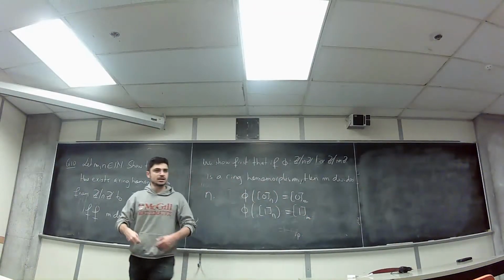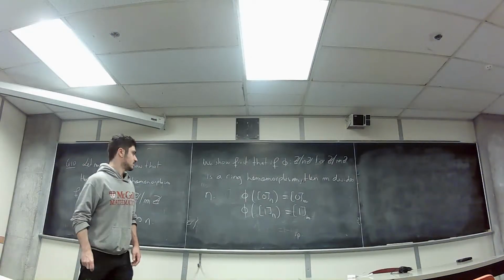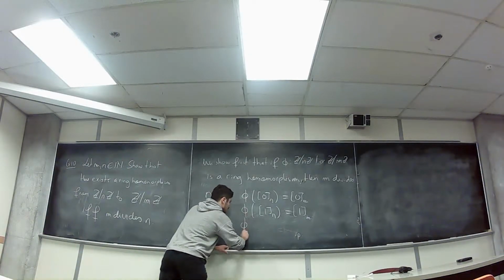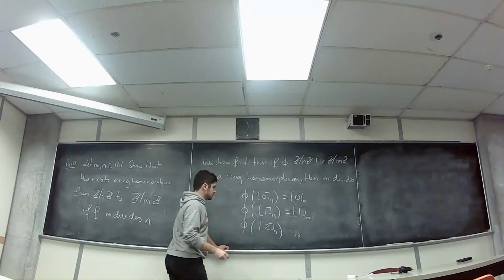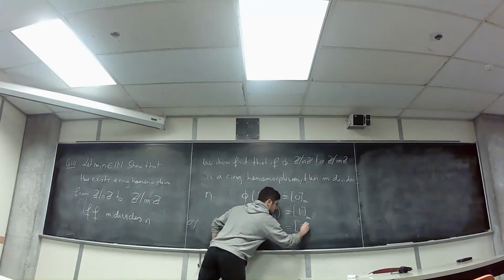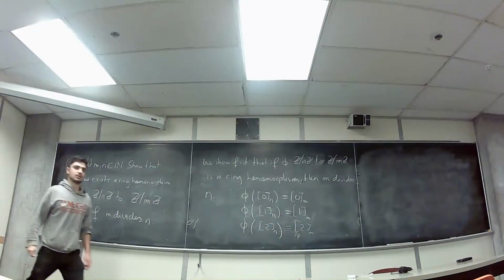Okay. Now what is phi of 1 plus 1? By additivity, this is just 2 mod n. Agree or not? Great.